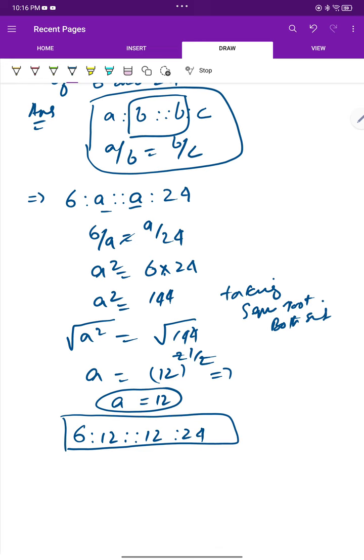There is another term which is called joint variation. Joint variation is also an exam question, maybe in multiple choice. So what is joint variation?